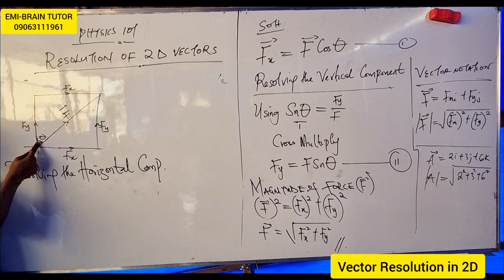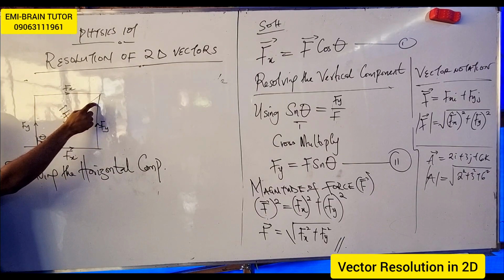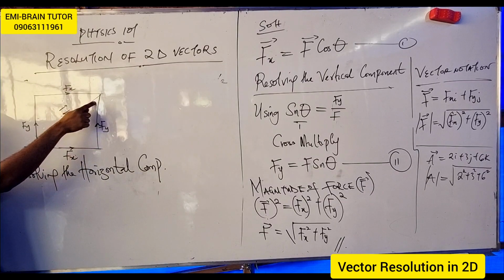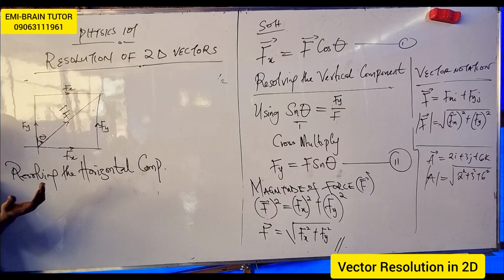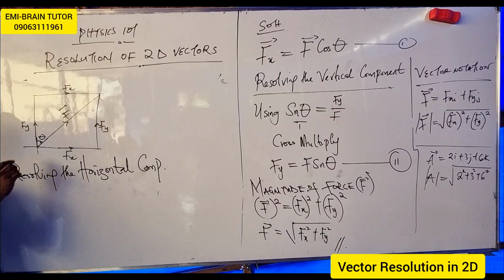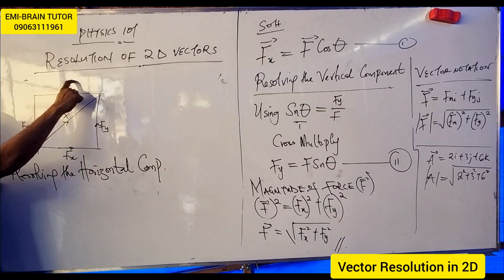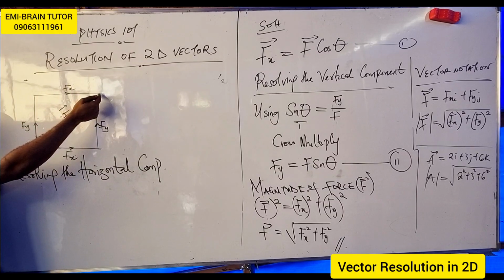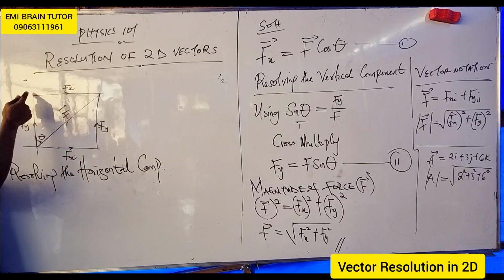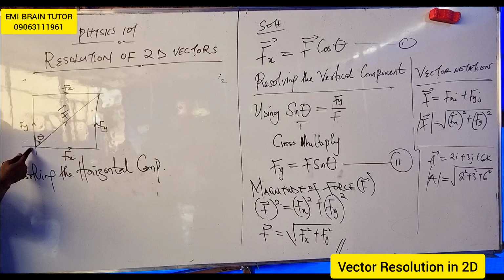The angle is here. I can even put this angle here because they are alternate angles. Fx is still facing the angle. Let me maintain this to avoid confusion. So this side facing the angle is Fx, F is the hypotenuse, and this becomes the adjacent.